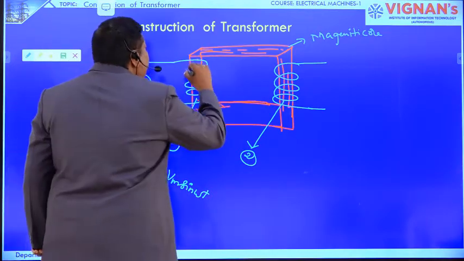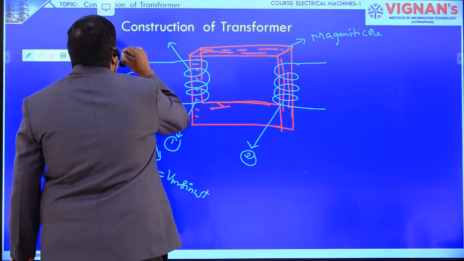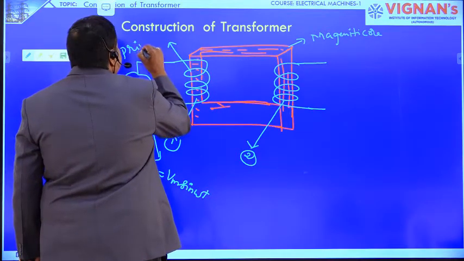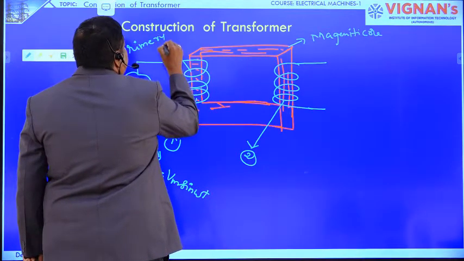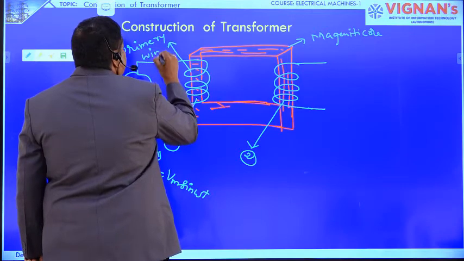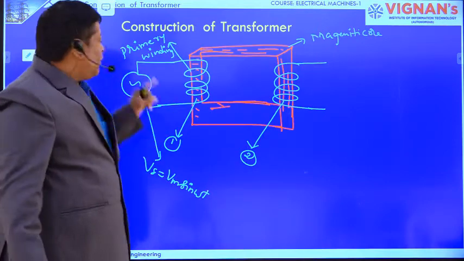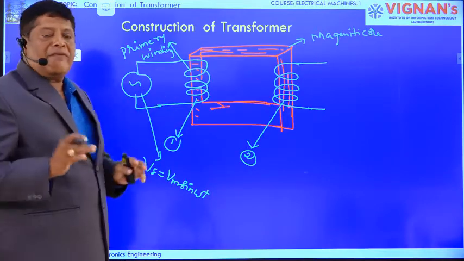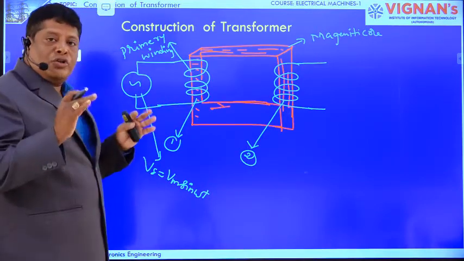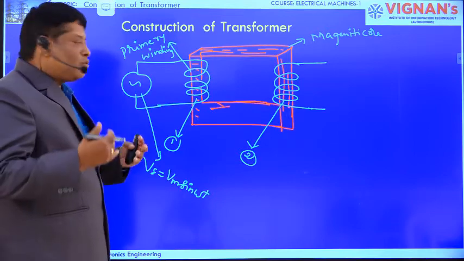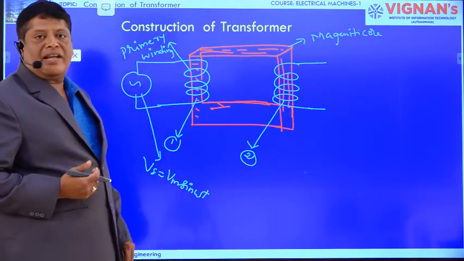So this circuit is nothing but a primary winding. The primary winding is the one at which we are giving electrical energy to the transformer.